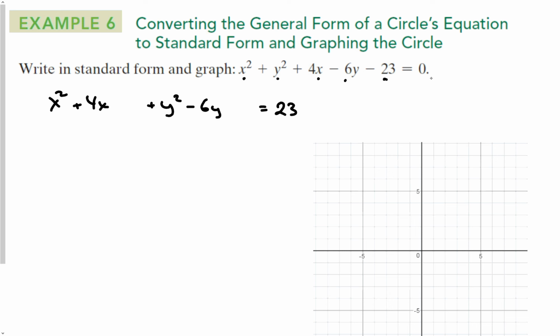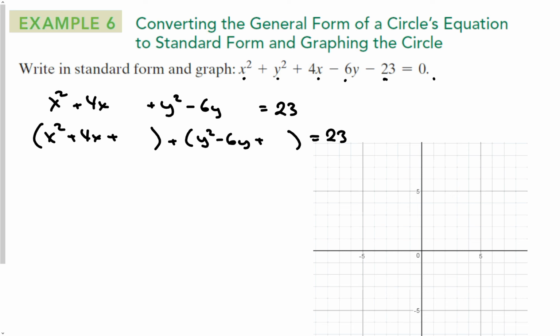And I subtracted 23 from both sides to get my new equation. Okay? And I left some spaces in the middle there. Okay? Because what I'm going to do is I'm going to take x squared plus 4x plus something, and then y squared minus 6y plus something, and set it equal to 23.